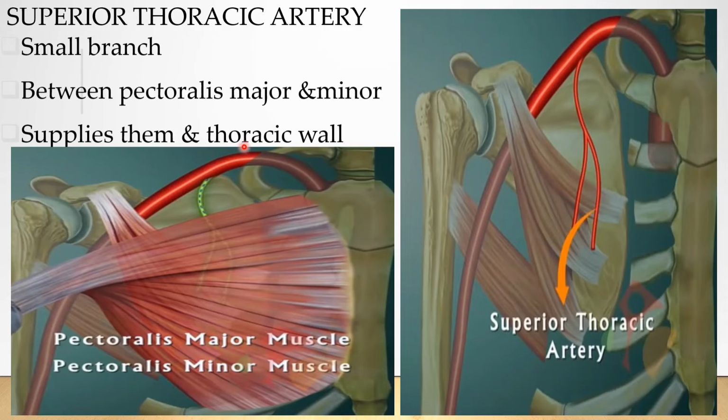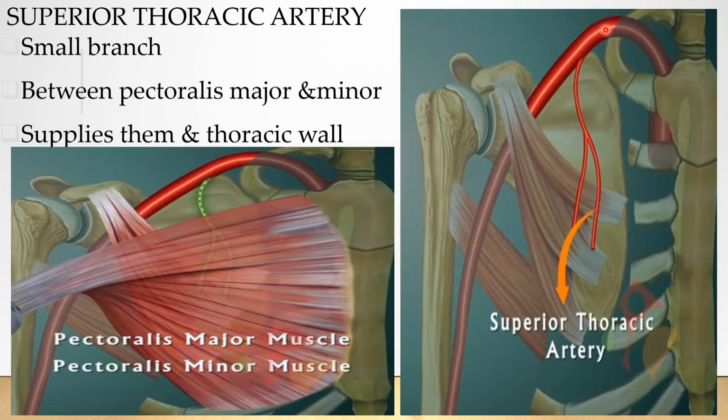Now, superior thoracic artery, which is the first branch of the first part. Okay, coming to superior thoracic artery. Here, this thoracic artery is very small, and it arises from the first part of the axillary artery. Here you can see a clear picture.